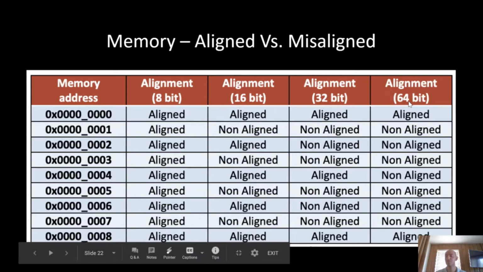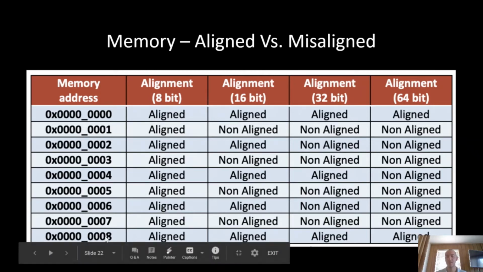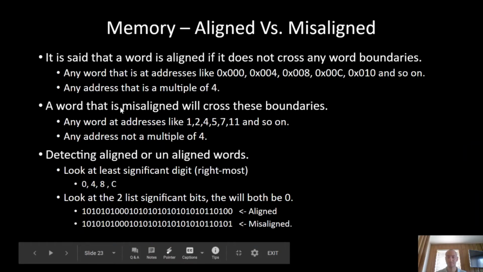If you are going to 64-bit, that means every time you are reading or writing 64 bits at a time. That means if you start from here, you go all the way to the beginning of 8. And that's the idea: you never want to cross these boundaries.